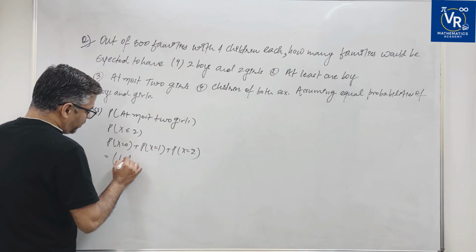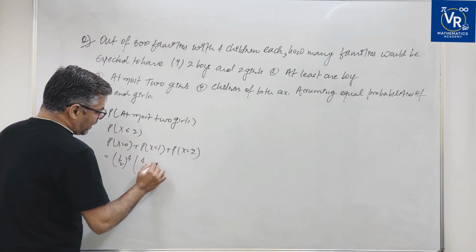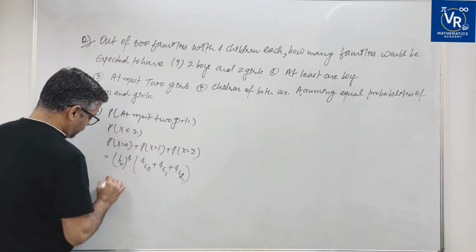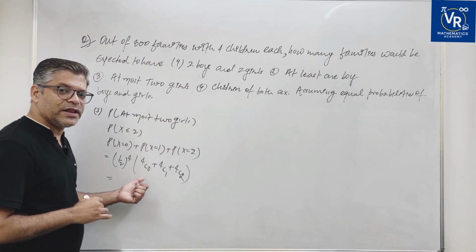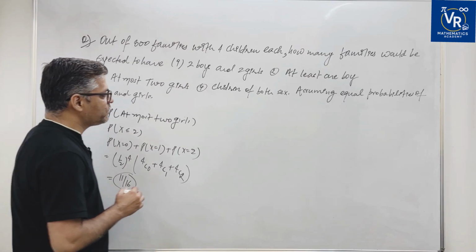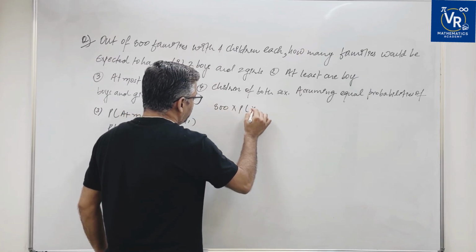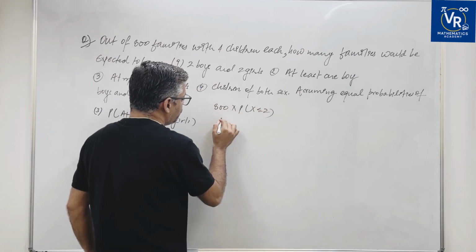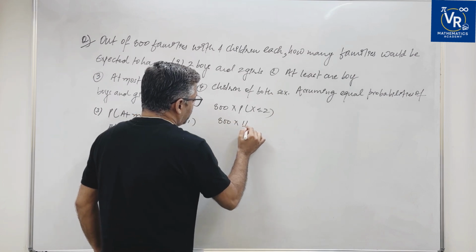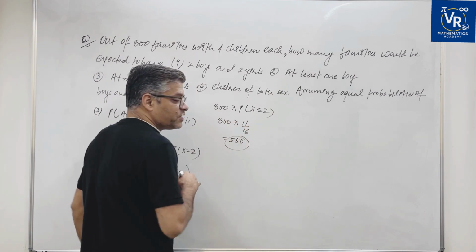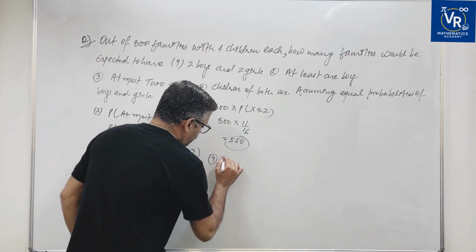So we will take common (1/2)^4, and within the bracket 4C0, 4C1 and 4C2. By scientific calculator, when you calculate, it is 11/16. And the number of such families is 800 into probability of x less than or equal to 2, that is 800 into 11/16, that is 550 such families.